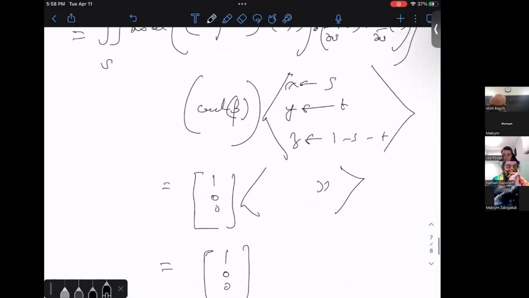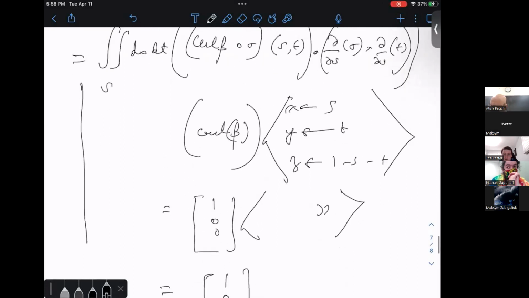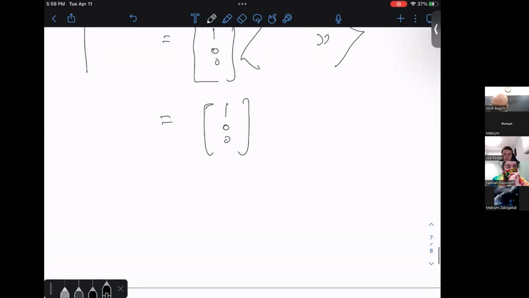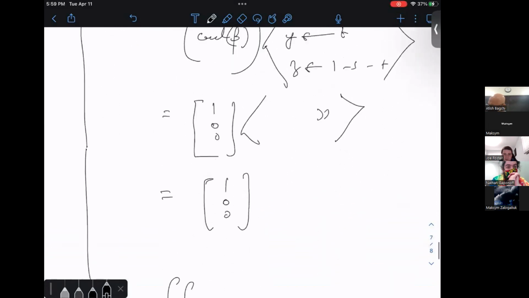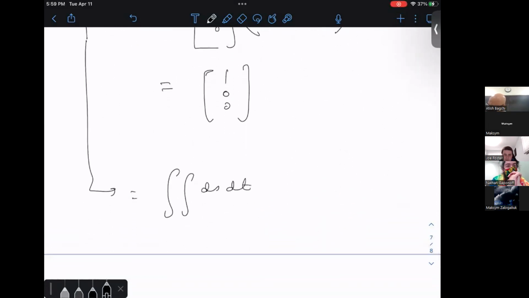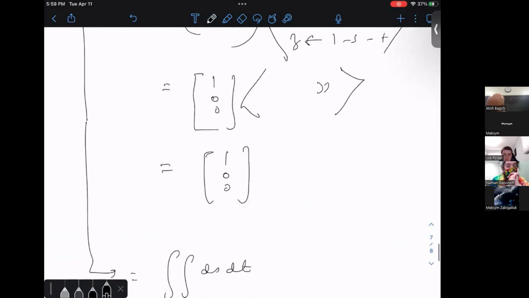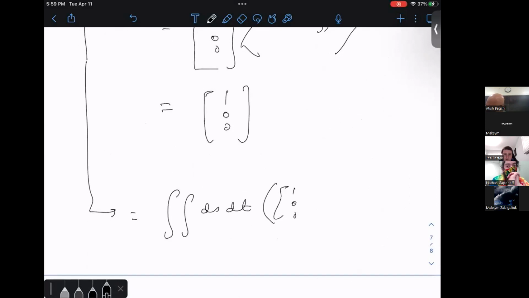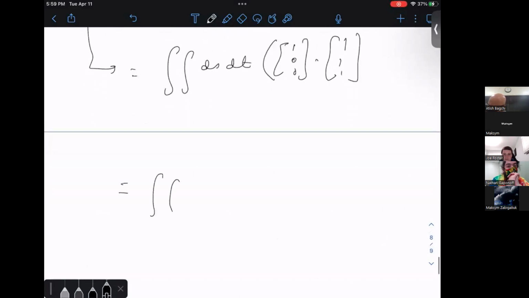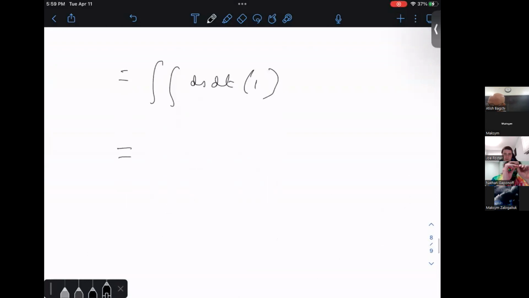So this integral is equal to the integral over ds dt of (1, 0, 0) dot (1, 1, 1), which is ds dt times 1. The integral is actually the area.